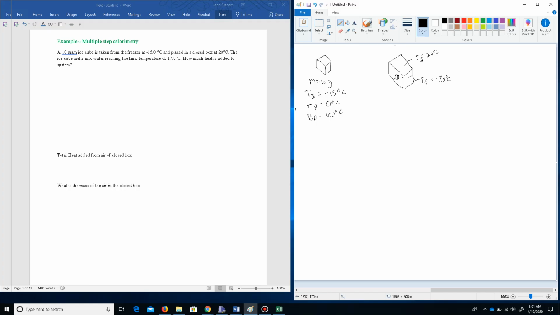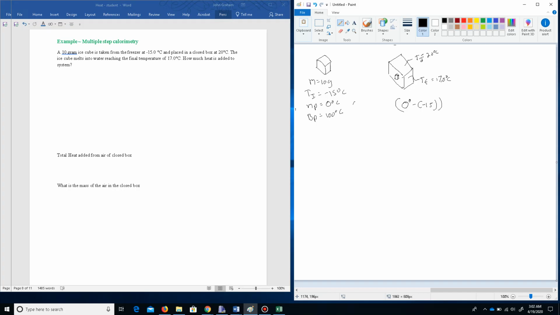So the way we're going to do this is we're going to kind of track this ice. So the ice will go from negative 15 degrees to 0 degrees. So that's going to be a change in temperature. Okay, we could just write it as 15, but I'm writing it out so you see how it becomes positive.